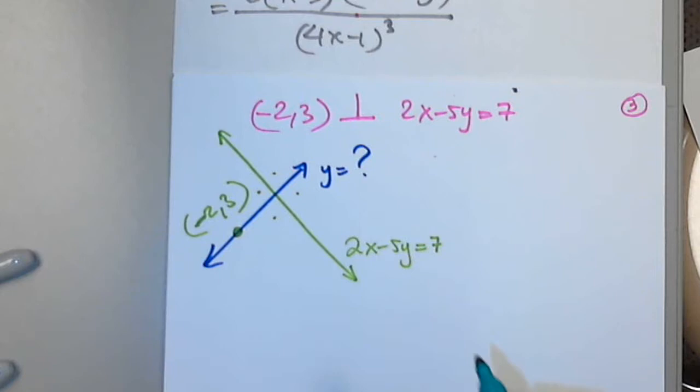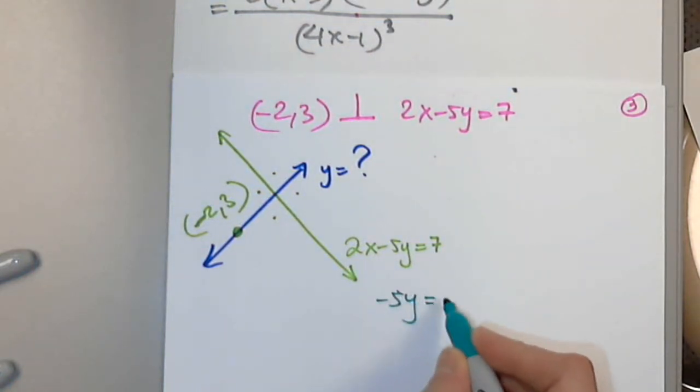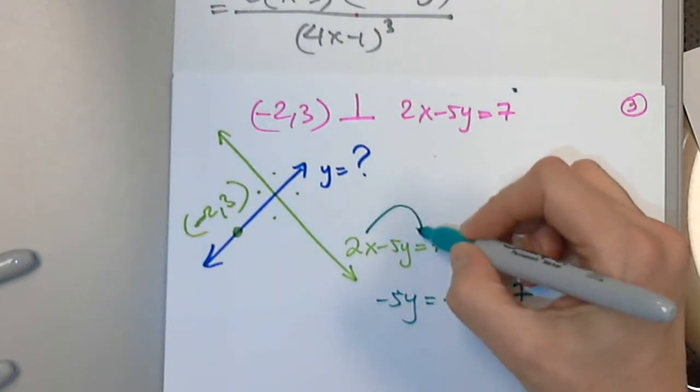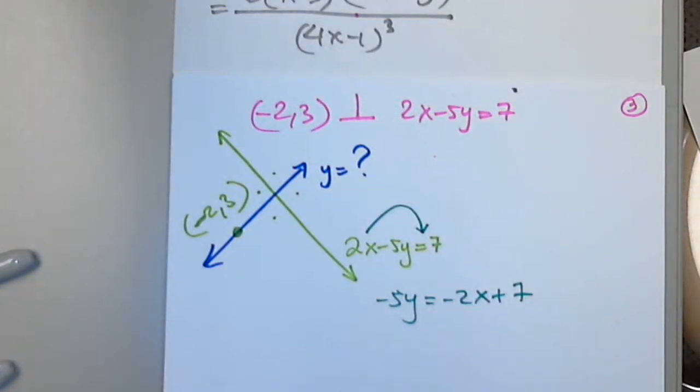Okay, so negative 5y equals negative 2x plus 7. We had to move 2x to the other side. It became negative. And then we divide both sides by negative 5.